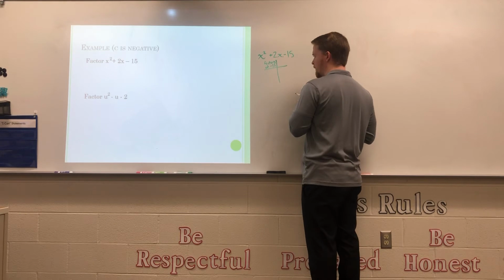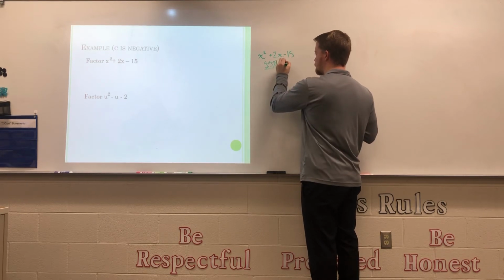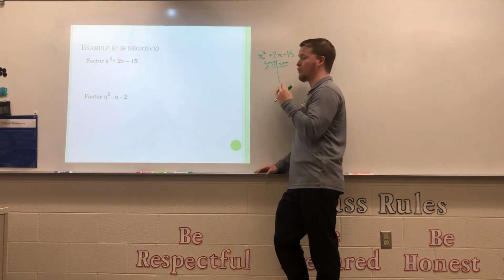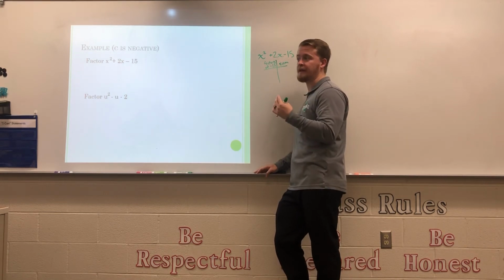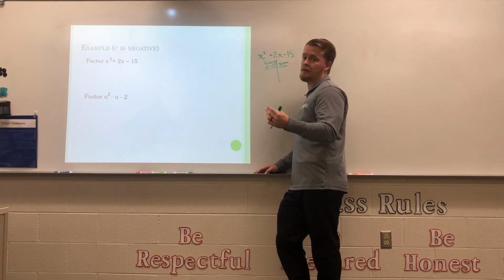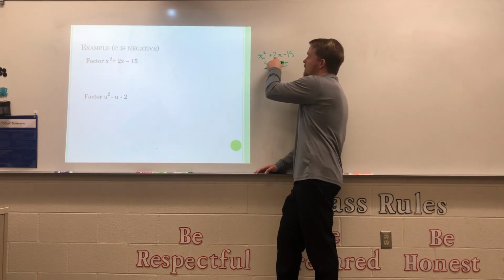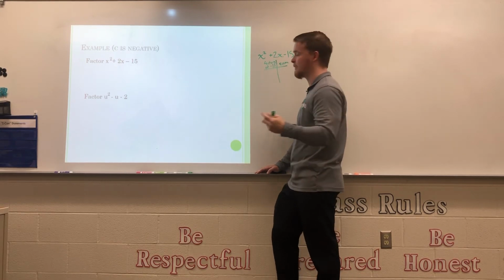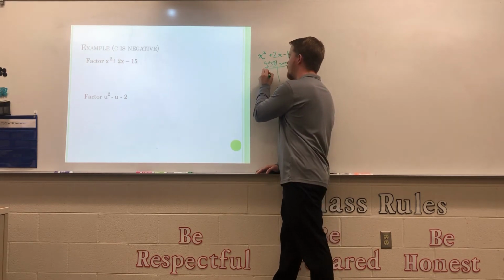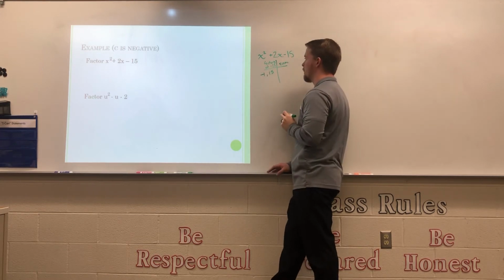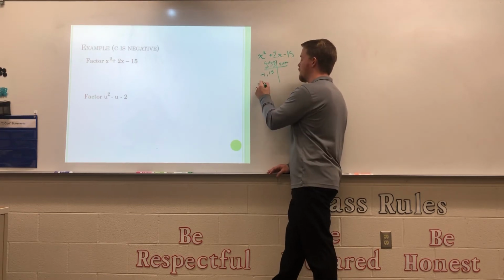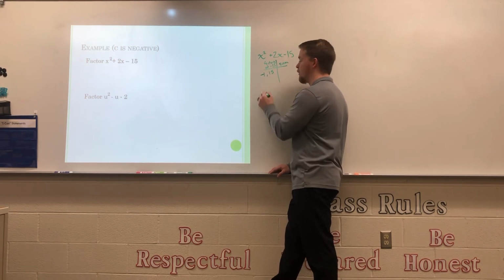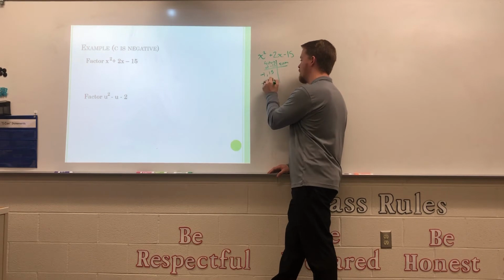So for example, let me explain what I mean by that. Some factors of negative 15 would be 1 and negative 15, or negative 15 and 1. But we need the number to be positive when we add. So the larger number needs to be the positive number. So it would be negative 1 and positive 15. Some other factors would be 3 and 5, but we need the larger number to be the positive one, so it would be negative 3 and 5.